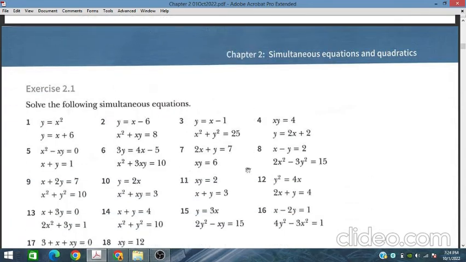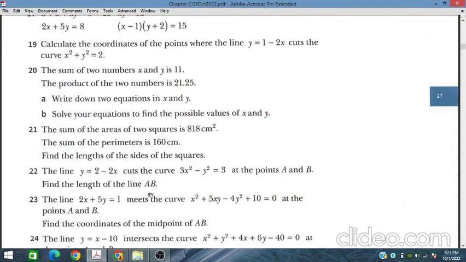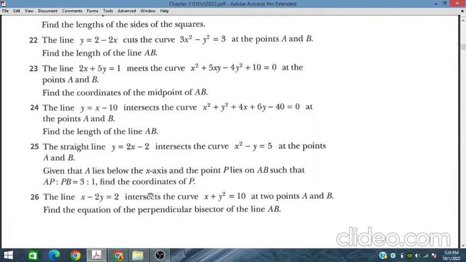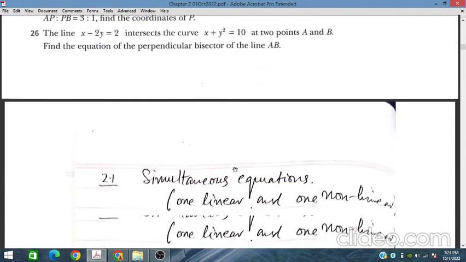Now we are proceeding toward exercise 2.1, and we will solve problems 1 to 18 and then 19 to 26. The first 18 problems are of the same nature, so we will cover some of the problems sequentially.